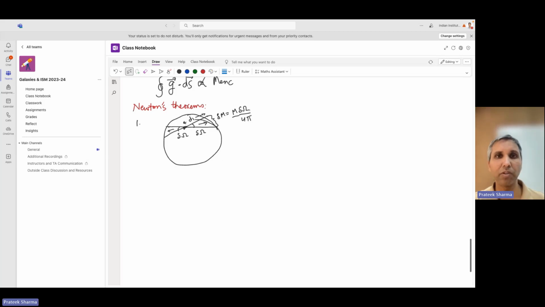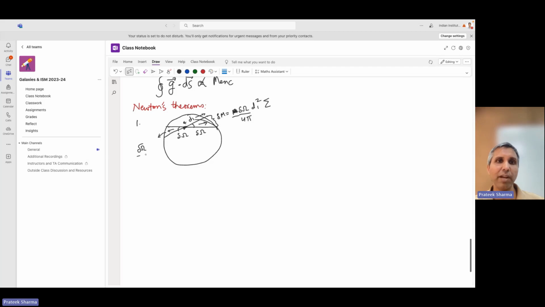So this is d1 squared times delta omega times sigma. Sigma is basically the mass per unit area for a uniform density shell, and d1 squared delta omega is the area of this little infinitesimal part of this shell.